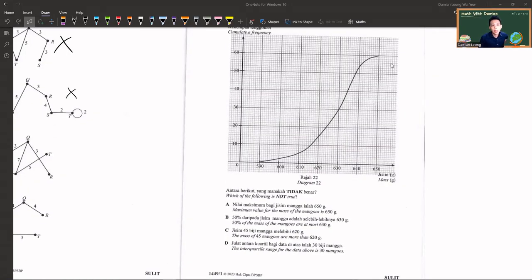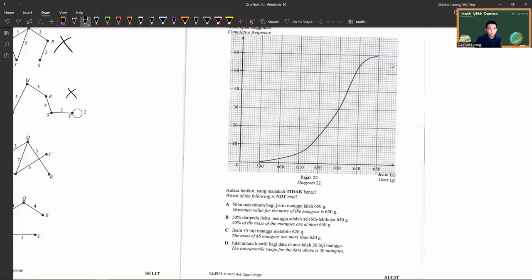So yang pertama, nilai maksimum bagi jisim mangga ialah 650 gram. Ya, ini patutnya betul. Sebab pada jisim 650 ialah di mana dia berhenti.